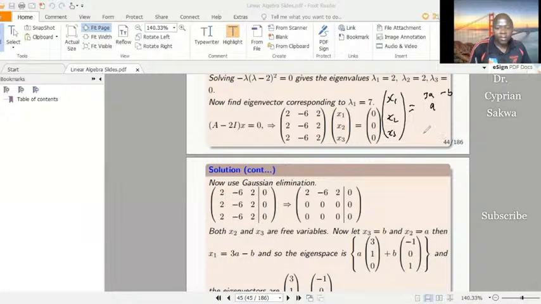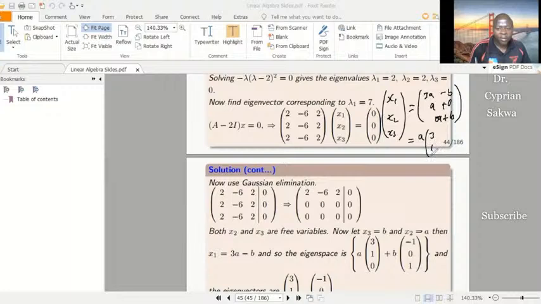And I know what x3 is: x3 was b. To make my work easy, in fact this is the same as if I factorize a out: the column of a would have 3, 1, 0.